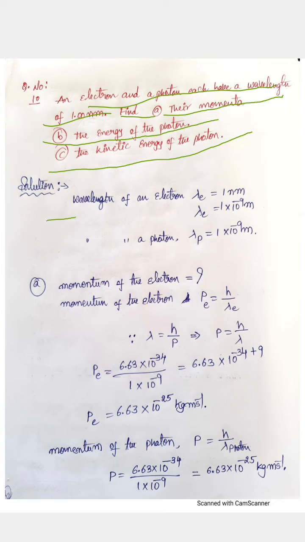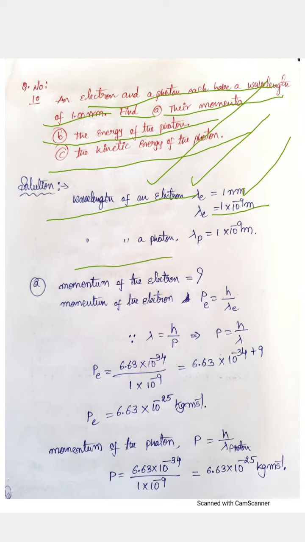Write the values whatever they have given, that is wavelength of an electron, lambda E, that is 1 nanometer. Here I have written that one in terms of the SI unit, that is 1 into 10 to the power minus 9. Nano is equals to what? 10 to the power minus 9.